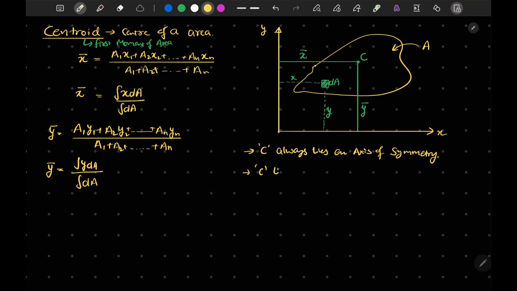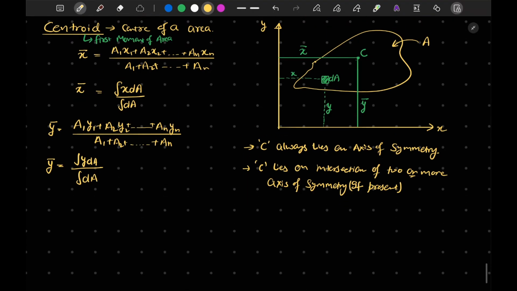Second, C lies on the intersection of two or more axes of symmetry, if present. If there are two or more axes of symmetry present, then the centroid will lie on the intersection of those axes.